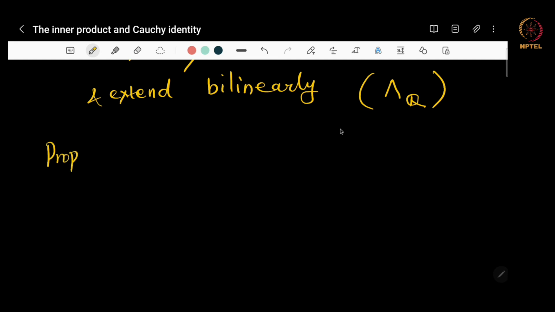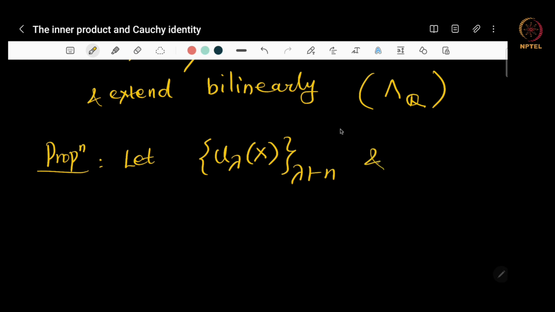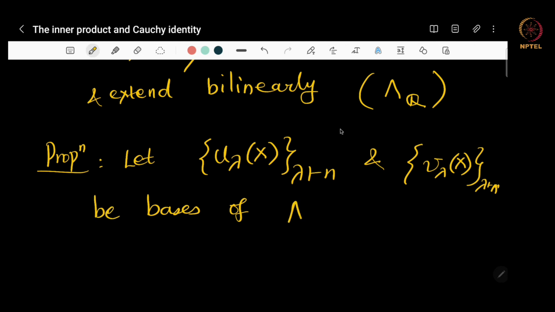So here's a proposition. It says, suppose you are given families of symmetric functions u lambda and v lambda, lambda a partition of d for all d, that are bases of the space of symmetric functions of degree d.